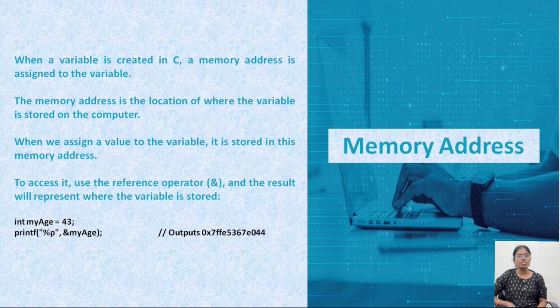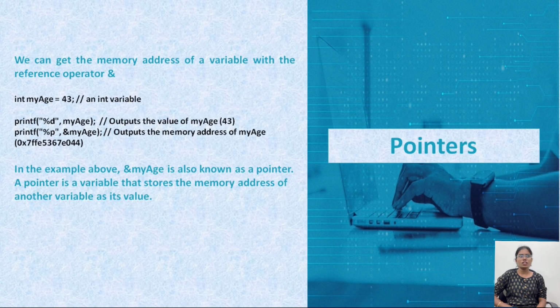To access it, use the reference operator, and the result will represent where the variable is stored. We get the memory address of a variable with the reference operator &.